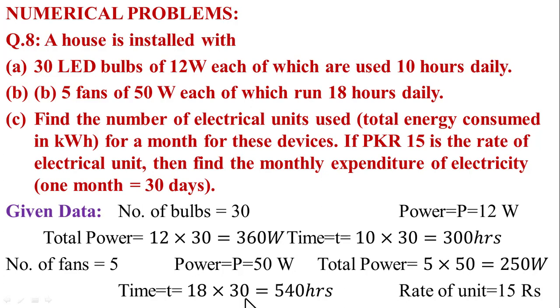In 1 month, 30 days, so 18 multiplied by 30, that is equal to 540 hours, and rate of each unit is 15 rupees. Now we can calculate the cost of the bill.